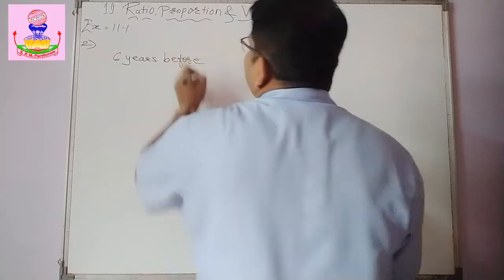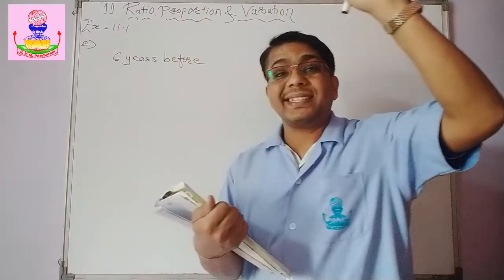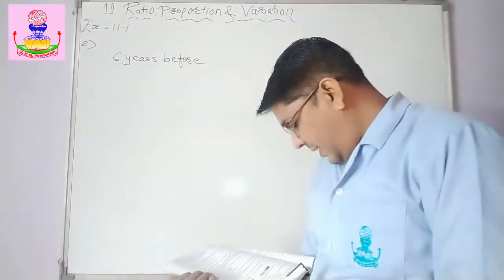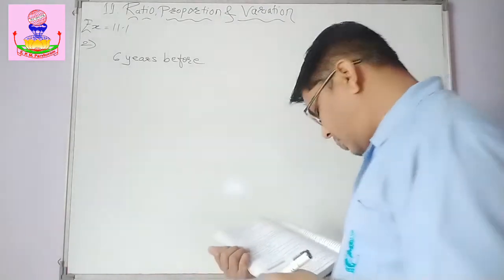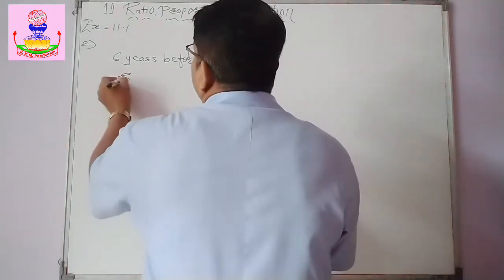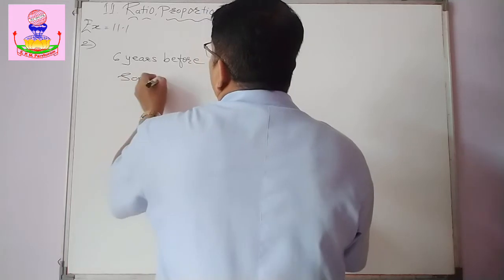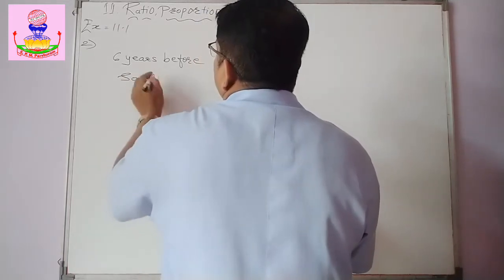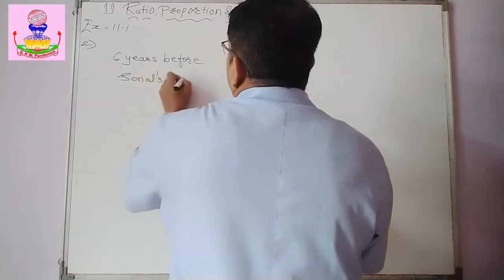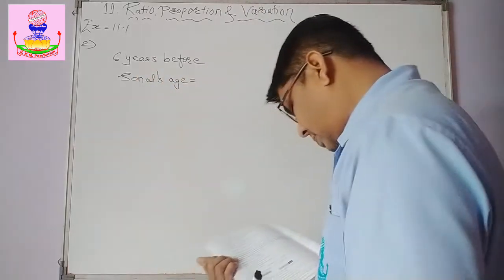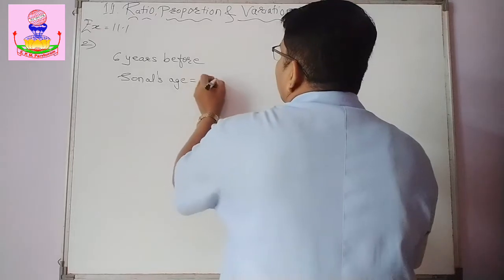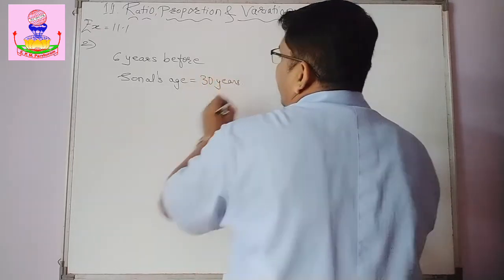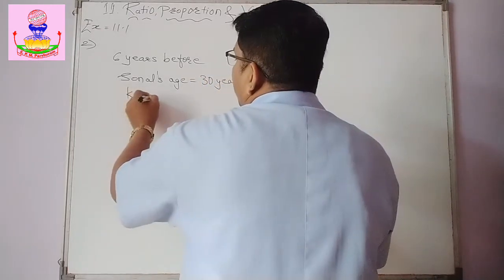Before means past, 6 years ago. 6 years ago, Sonal's age, how much was it? 30 years. Komal's we don't know.